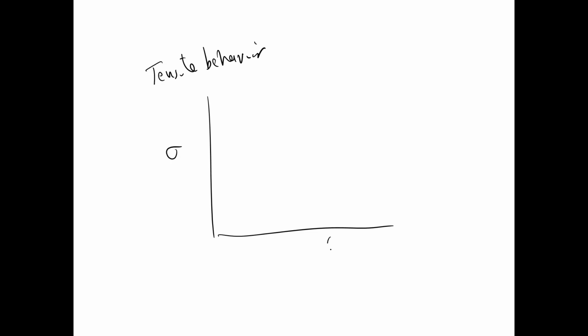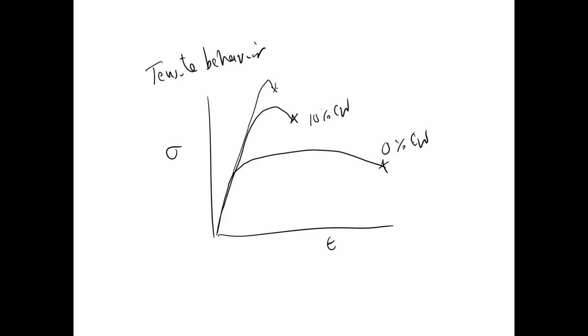So let's look at stress strain curves. So this has very little cold work, so it's really ductile. More cold work, so maybe this is 0% cold work, or that's in the soft condition. Here's 10% cold work, 20% cold work. One thing to notice there is the ductility goes down as the strength goes up.